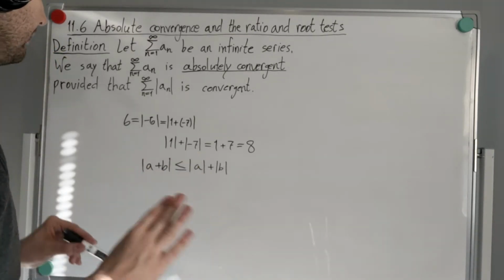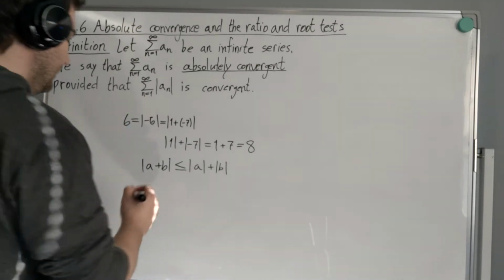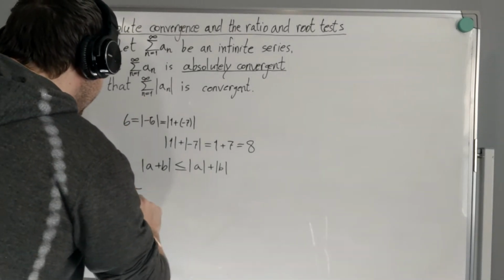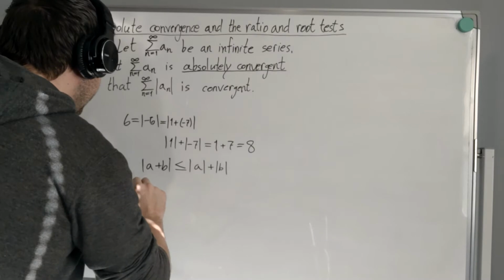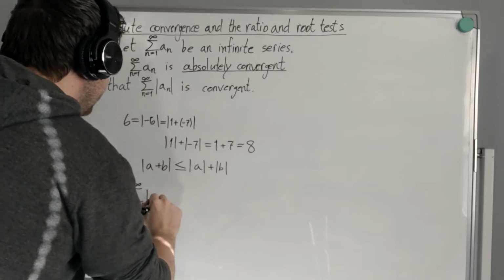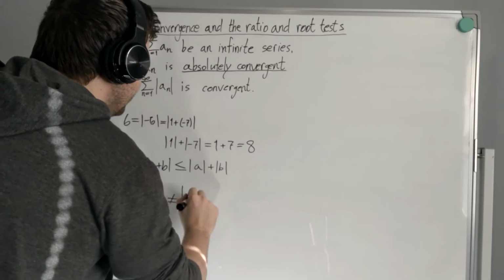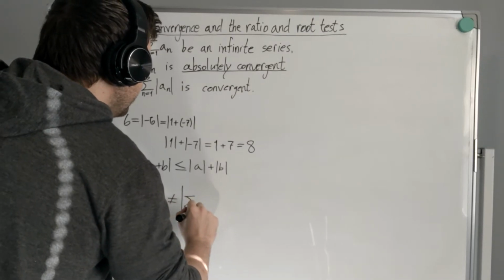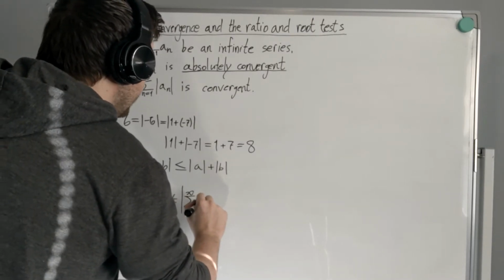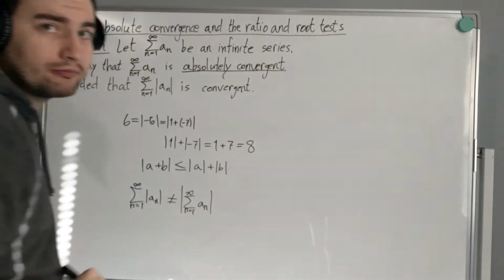Alright, so for the same reason, that means that if we take the series from n equals 1 to infinity of the absolute value of a_n, that's definitely not the same thing as the absolute value of the series from n equals 1 to infinity of a_n.